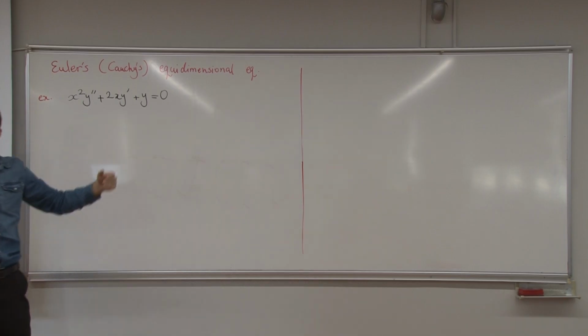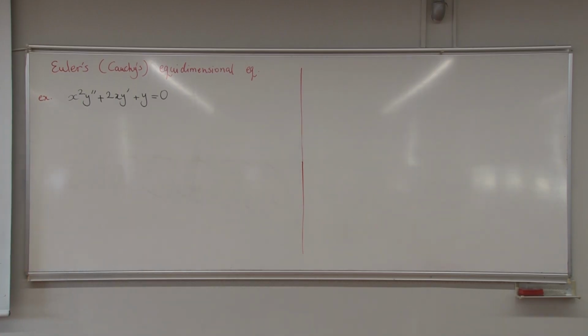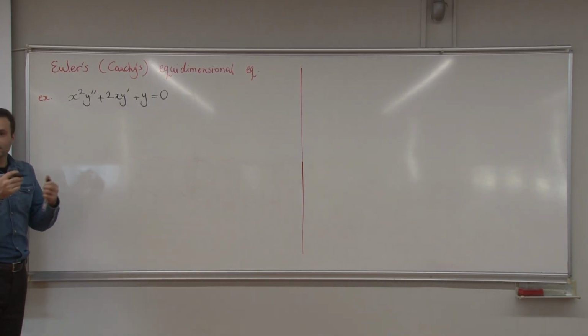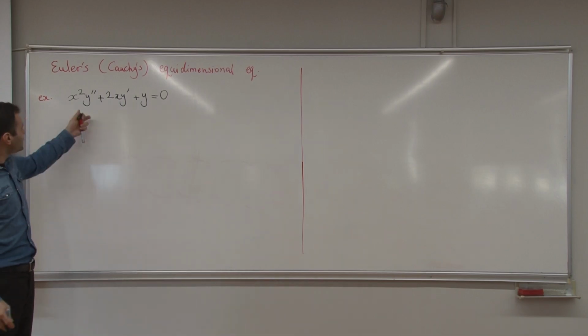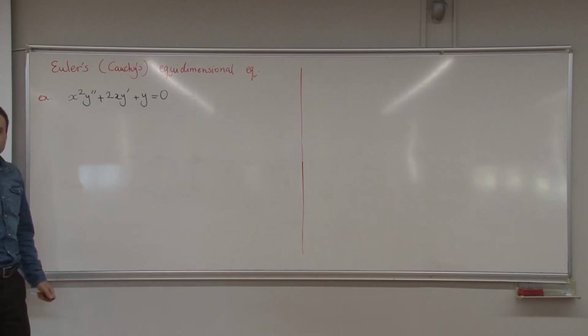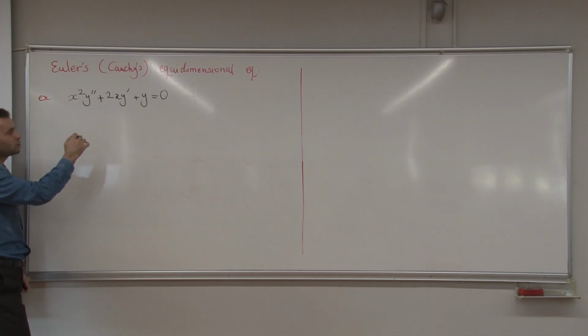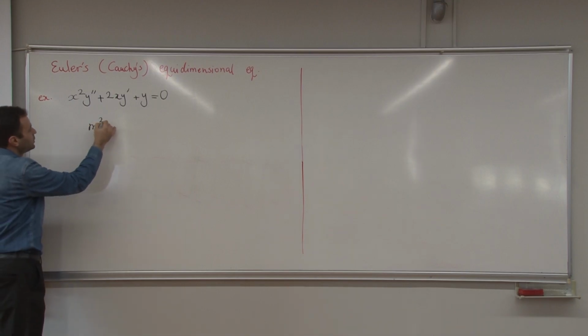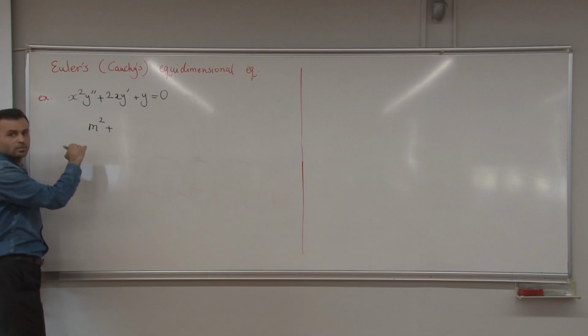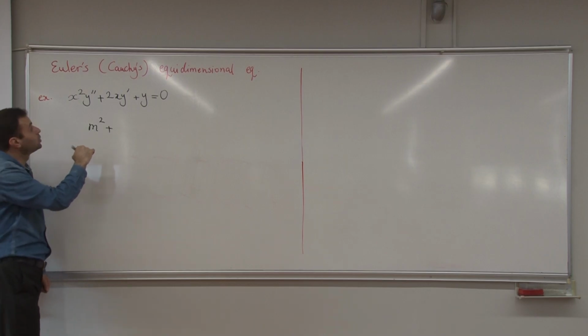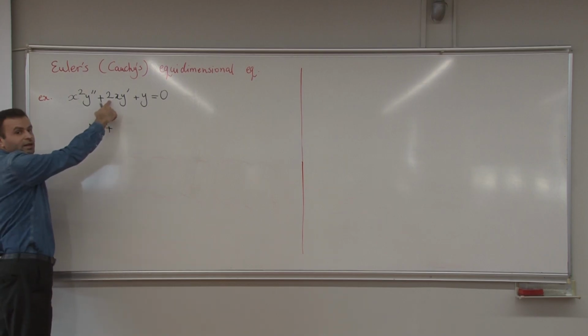So to solve this, what do we need to do? We need to write down the characteristic equation, find the roots, and based on that, see which one of the cases we have. What is the characteristic equation of this differential equation? Exactly. m squared plus 2 divided... 2 is our p, right?